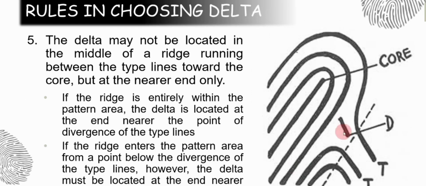In rule number 5, the delta may not be located in the middle of the ridge running between the type lines toward the core, but at the nearer end only.